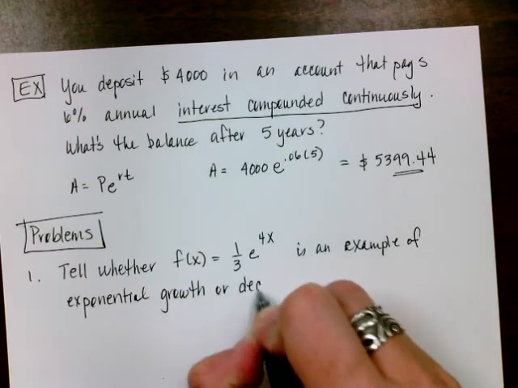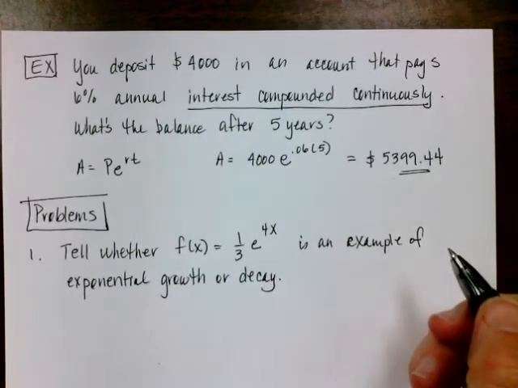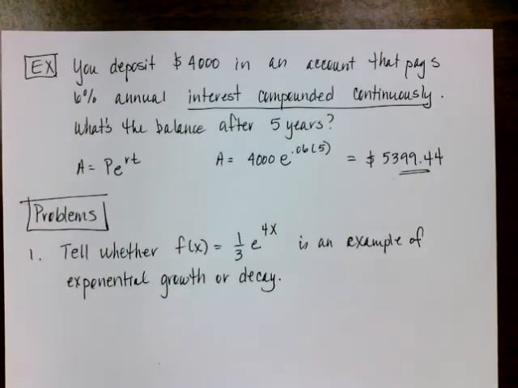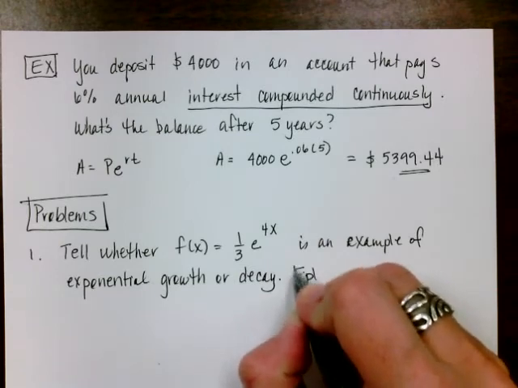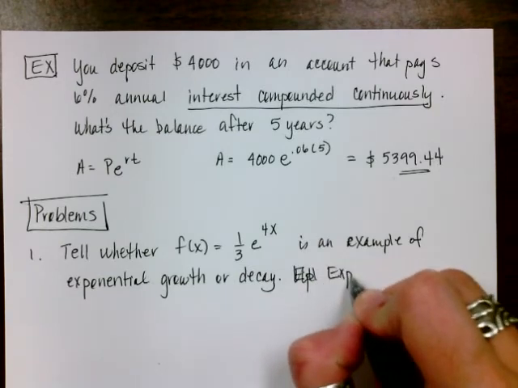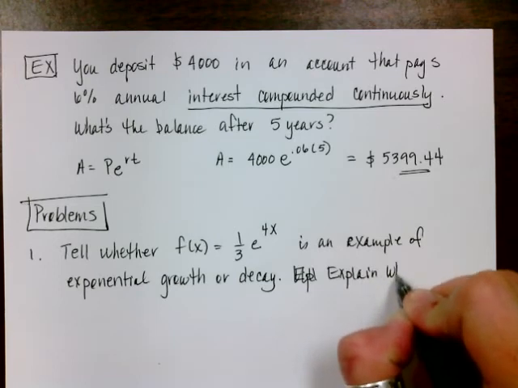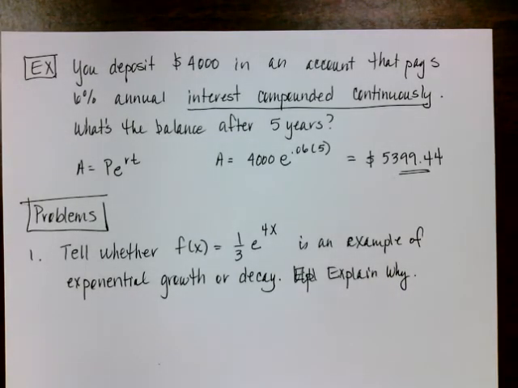Remember, the rules are a little bit different for this type of equation, so you'll need to make sure that you tell me why. So explain why. Okay, so there's the first problem.